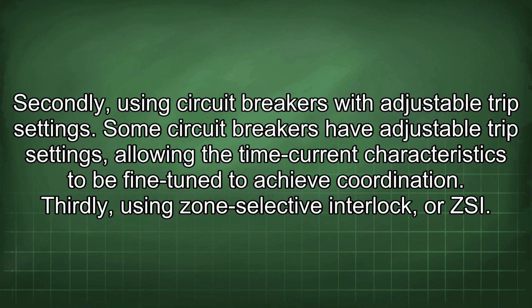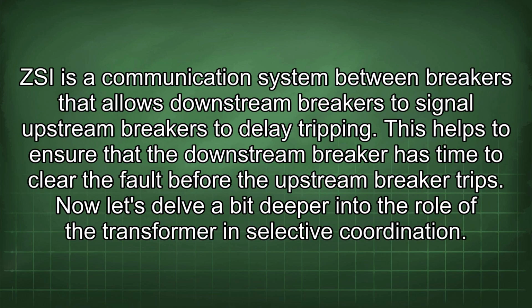Some circuit breakers have adjustable trip settings, allowing the time current characteristics to be fine-tuned to achieve coordination. Thirdly, using zone selective interlock, or ZSI. ZSI is a communication system between breakers that allows downstream breakers to signal upstream breakers to delay tripping. This helps to ensure that the downstream breaker has time to clear the fault before the upstream breaker trips.